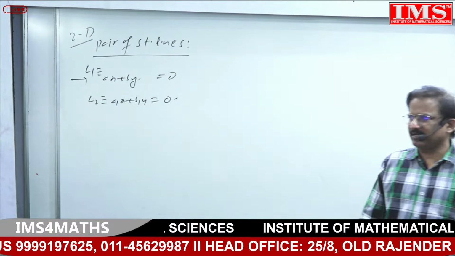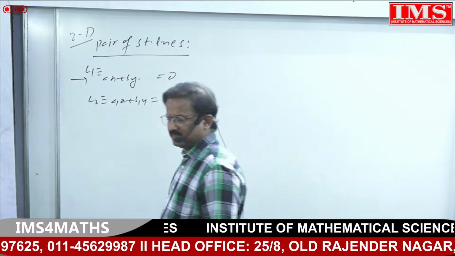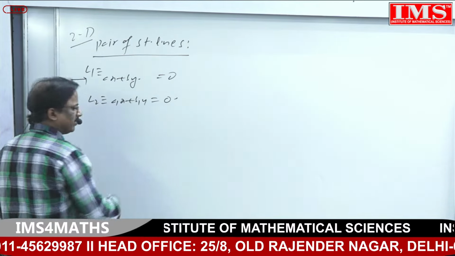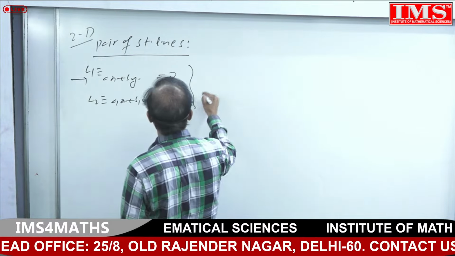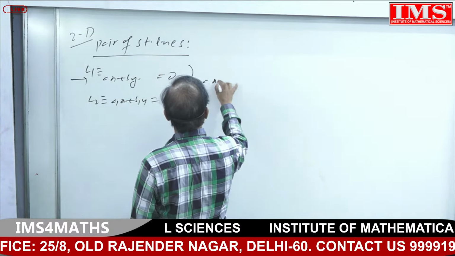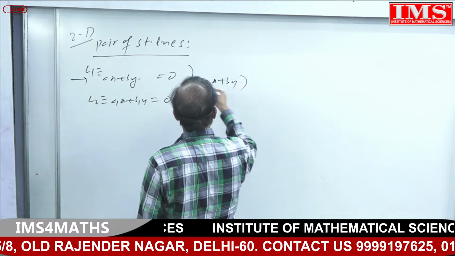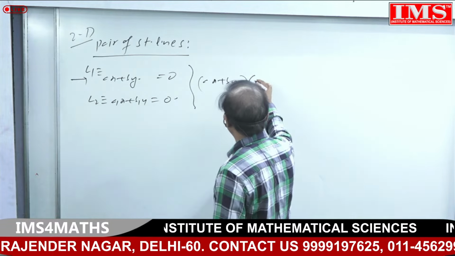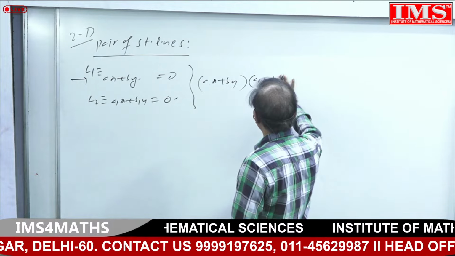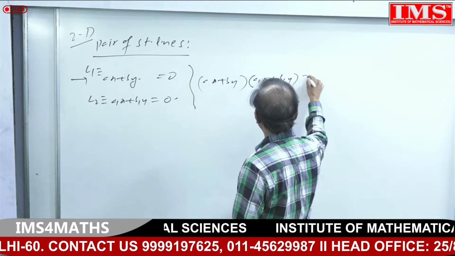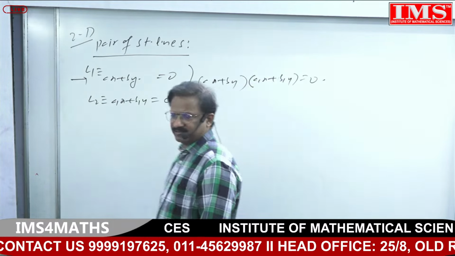Both the lines are really passing through the origin. The pair of these two lines you will express as (ax + by) multiplied by (a1x + b1y) = 0.